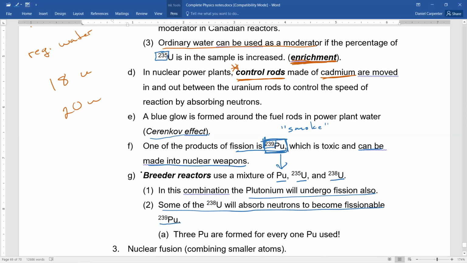And in this kind of reactor, if we do it right, we can get 3 fissionable plutoniums for every 1 unfissionable plutonium used. So this is called a breeder reactor because it produces more fuel. It actually makes fuel in the process of burning the fuel, which is just weird given regular circumstances in power plants.